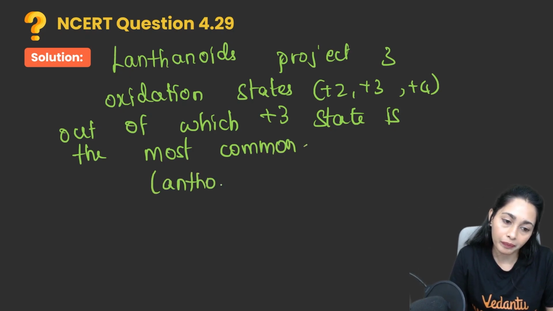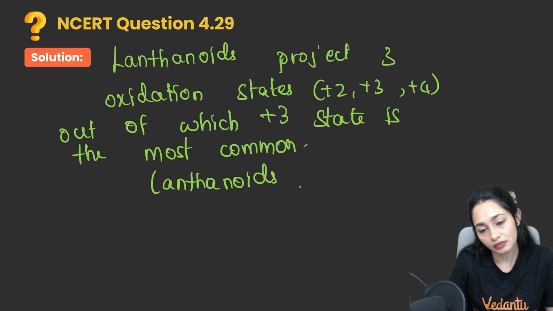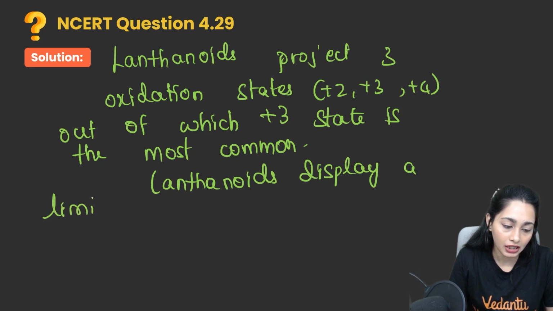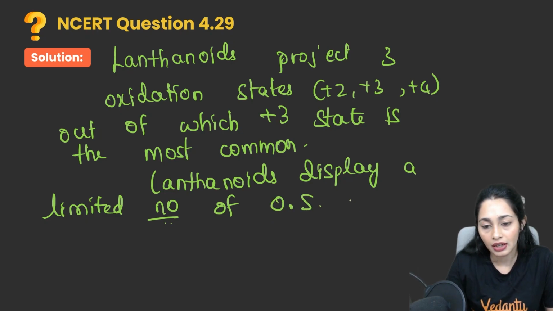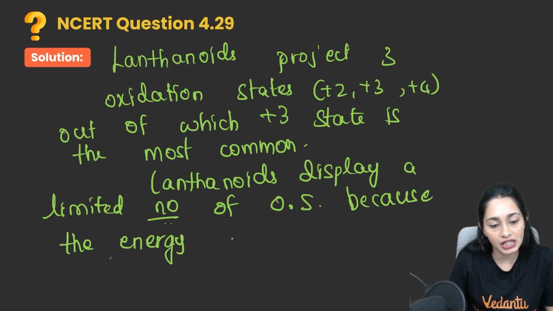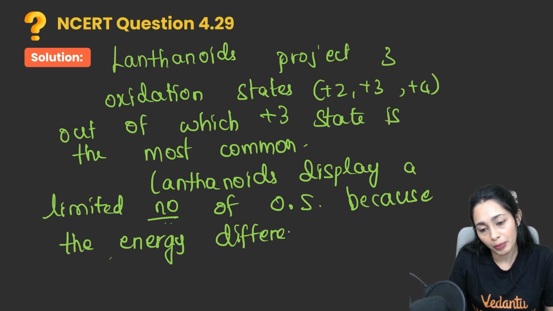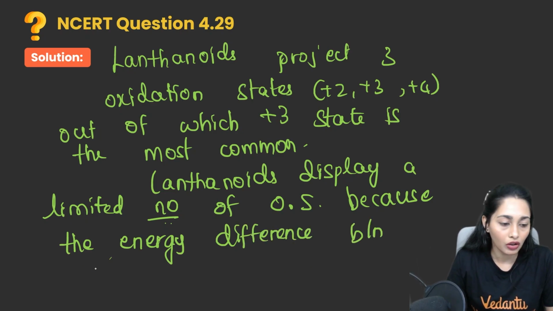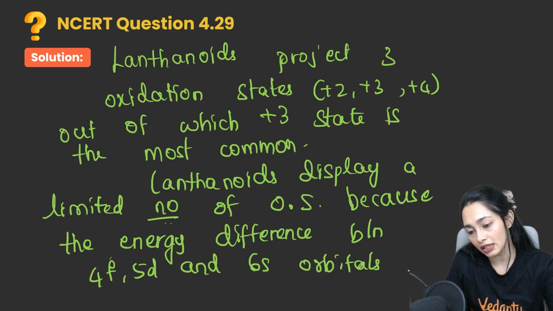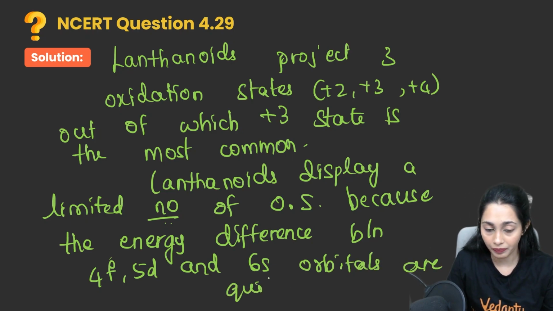Lanthanoids display a limited number of oxidation states. Why? Because the difference in the energy between 4f, 5d and 6s orbitals is quite large.